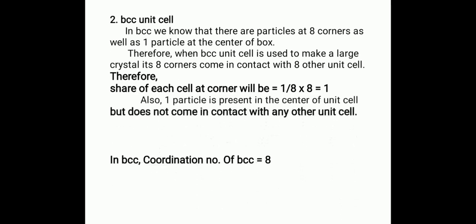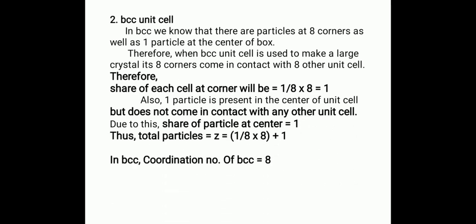Therefore its contribution will be the whole 1. Therefore total number of particles will be equal to 1/8 into 8, which is coming from the corners, as well as 1 which is coming from the center of the cube. Therefore there are a total of 2 particles in BCC. Then its coordination number: the coordination number in BCC is equal to 8.